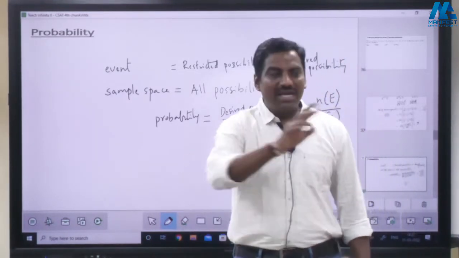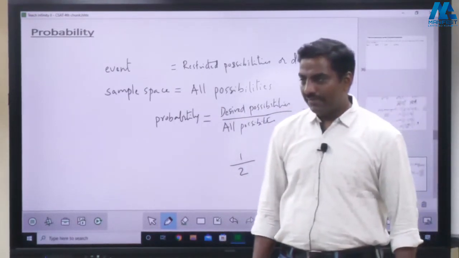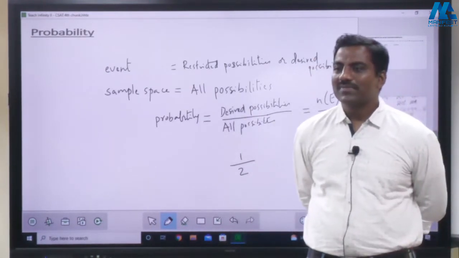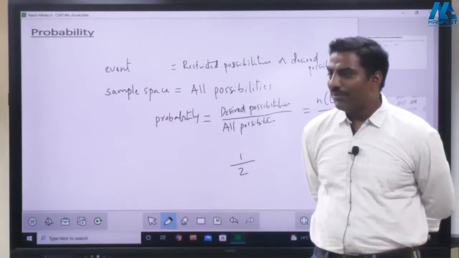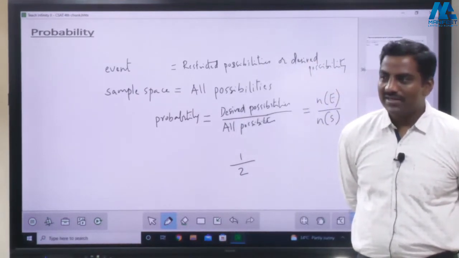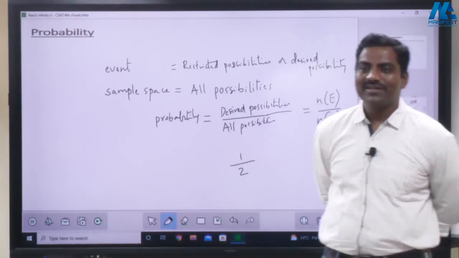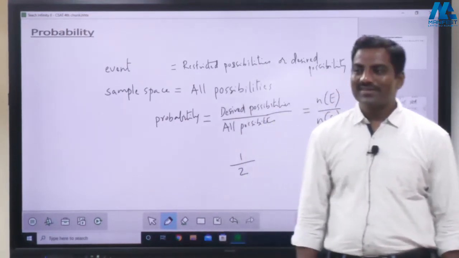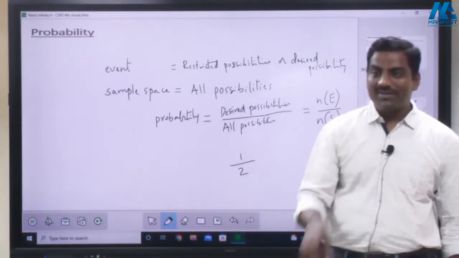Let's say when I roll a dice, what is the chance of getting a number less than 7? When I roll a dice, 6 possibilities are there. I'll give a condition that the number I get should be less than 7. What is the probability? Anything you get is less than 7, no? So in such cases, we call that event a certain event.